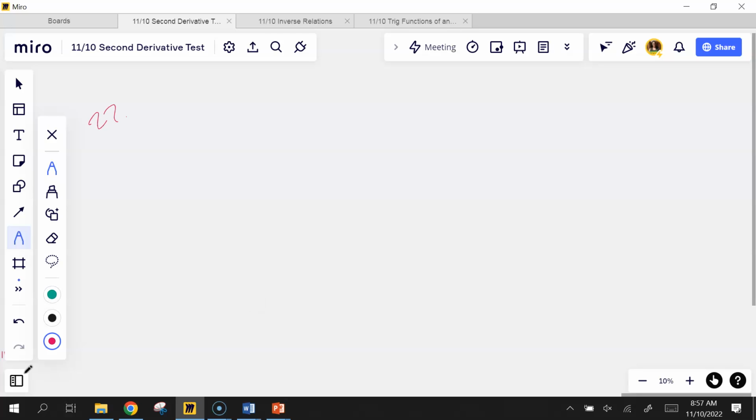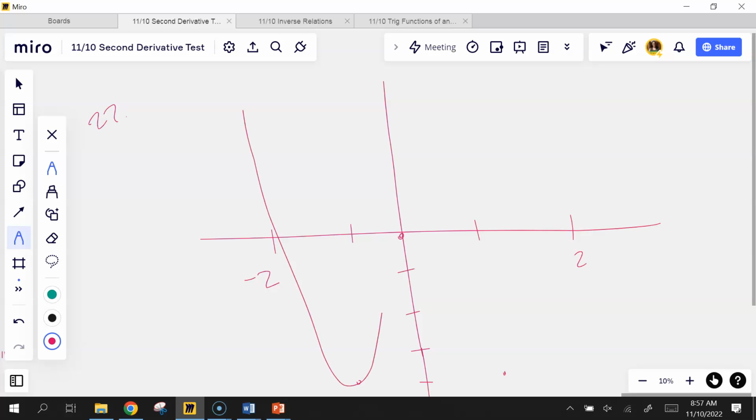This is 22. All right, it looks like it's doing something like this.